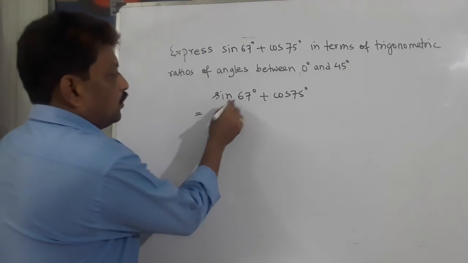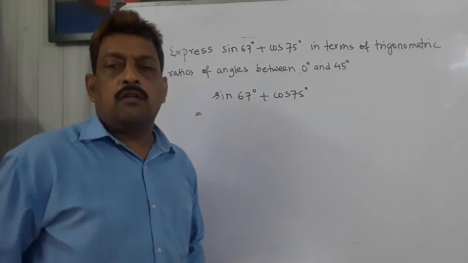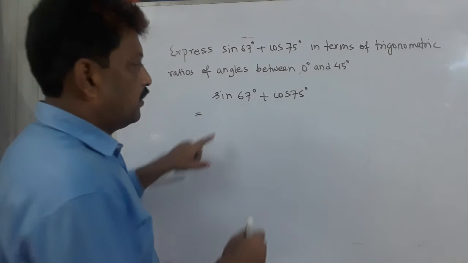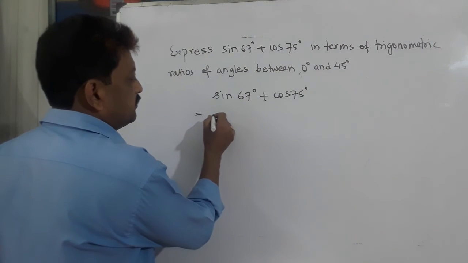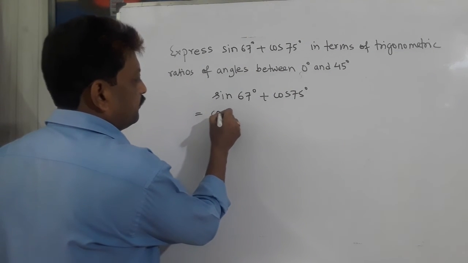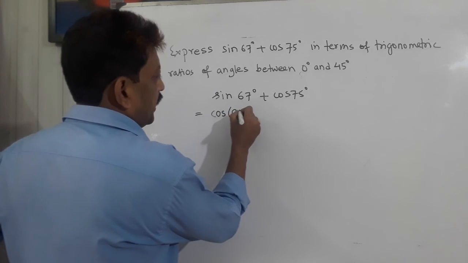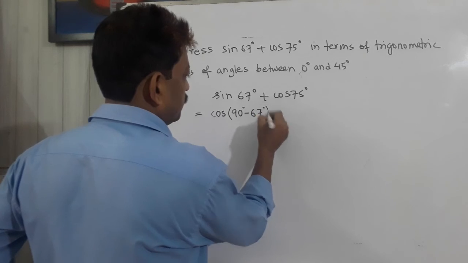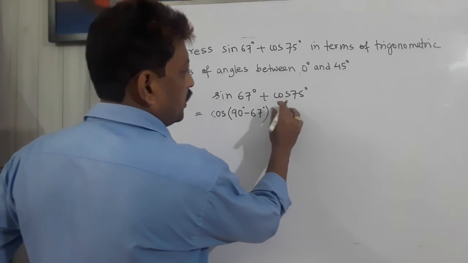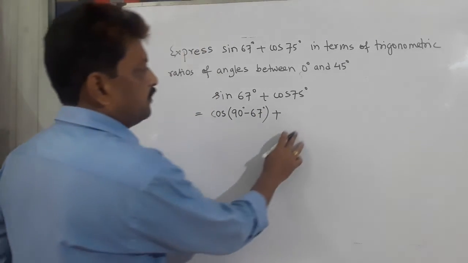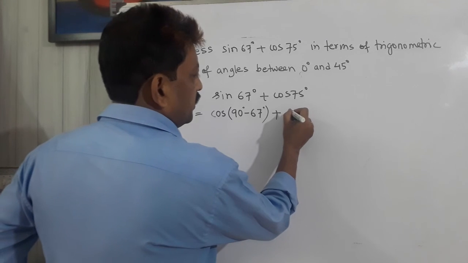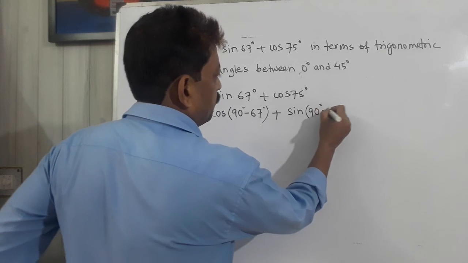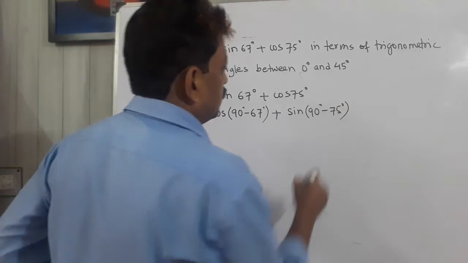Now using cos(90 minus theta) equals sin theta, we can change this one. So sin 67 degrees can be written as cos(90 degrees minus 67 degrees), and similarly cos 75 degrees can be written as sin(90 degrees minus 75 degrees).